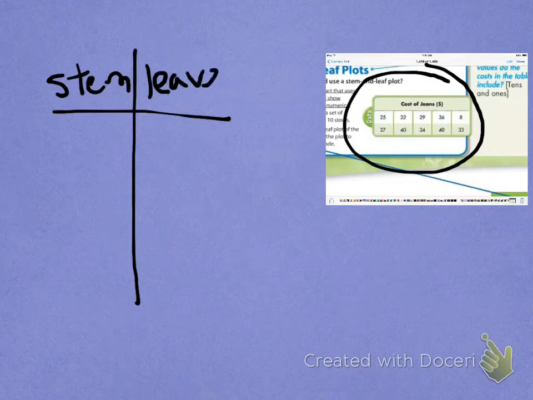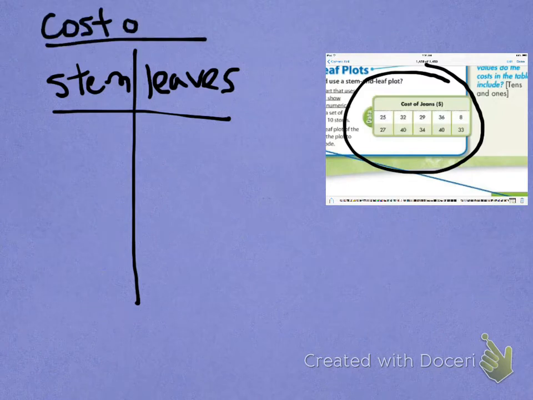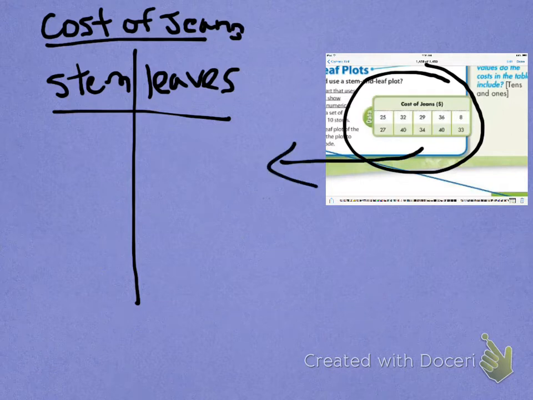We're going to state the title of this information, which is the cost of jeans, and put the data from the table into this plot. Sorry, this pen's not working too well. Okay, here we go.